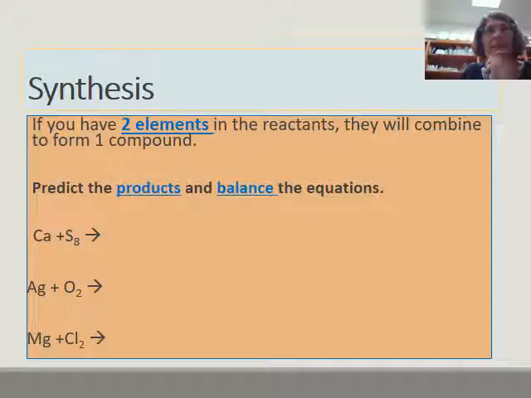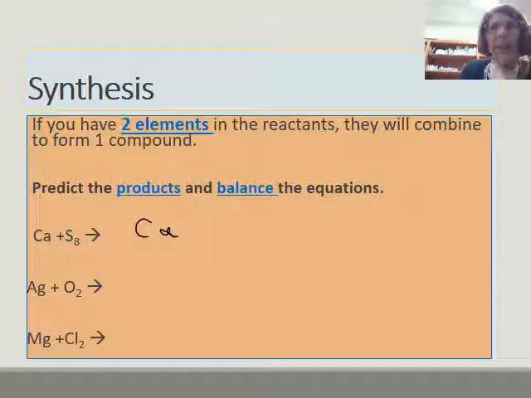So synthesis. If you have two elements, they will combine to form one compound. What we're going to do is take our two elements from the reactant side and put them together.